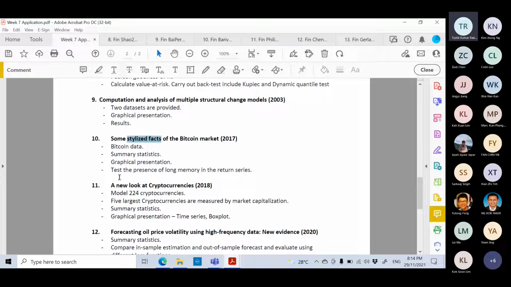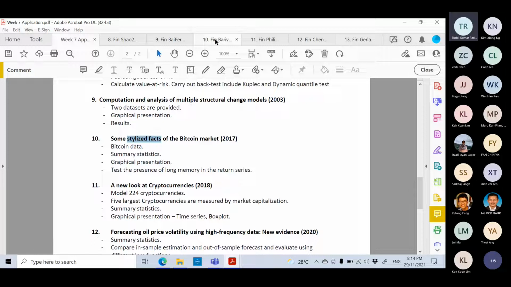And then they also carry out a hypothesis test on the long memory in the return series. So these are the things they apply in the application. The application data is the Bitcoin, and they demonstrate the data, do the testing, and use a graphical way to present their results. That is paper number 10.